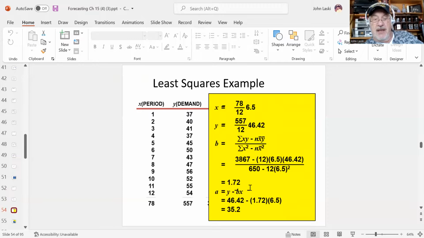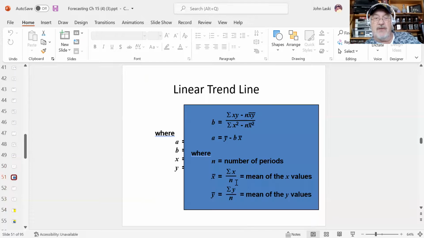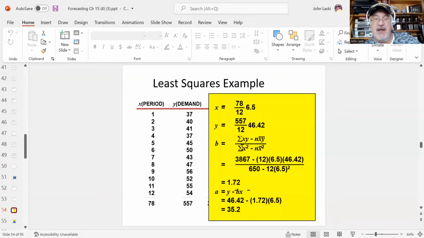Now to get alpha, remember when we looked at that over here, alpha, y bar minus beta times x bar. So again here, alpha, and you see the bars have shifted over. Again, got to fix the slide. So y bar minus beta times x bar.